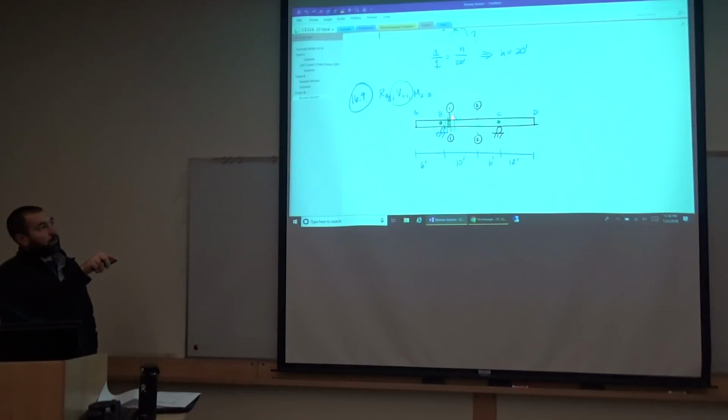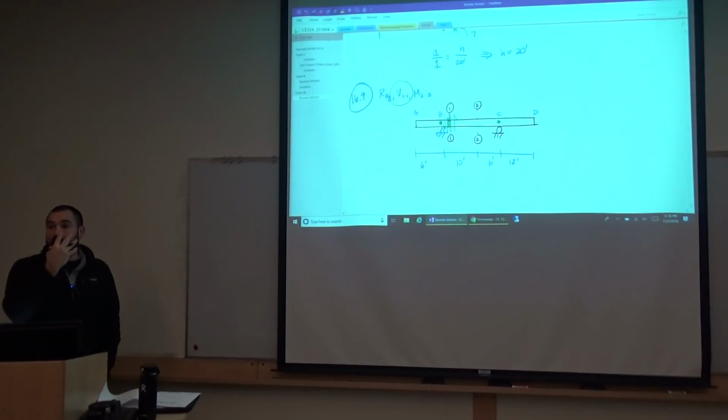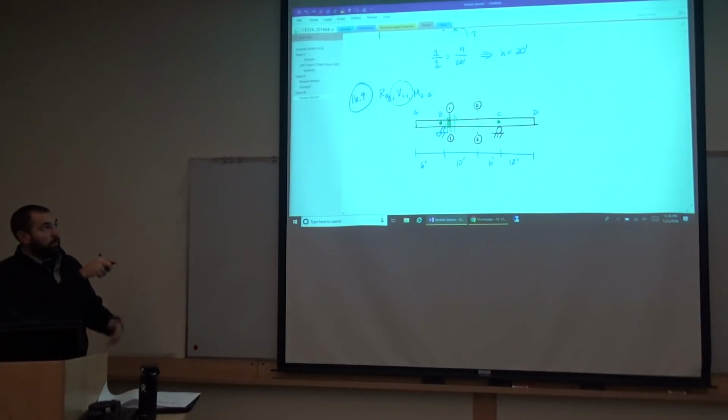You only put in the release at your location of interest for that specific response that you're looking for. So here, you're only doing this work one at a time for whichever subparts you've got for the problem. So you're only going to put the shear release at 1-1. You're not going to do anything to section cut 2 until you're analyzing moment 2-2.